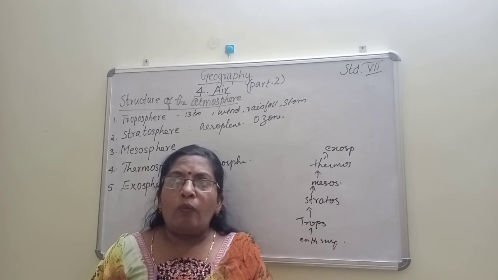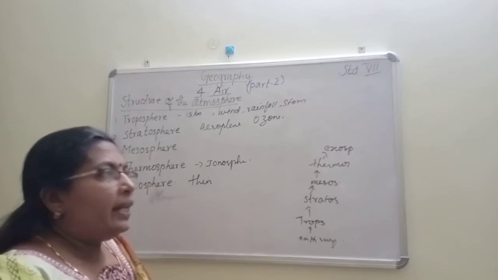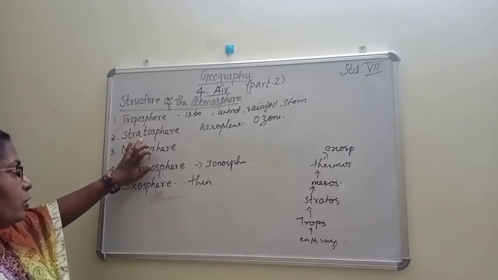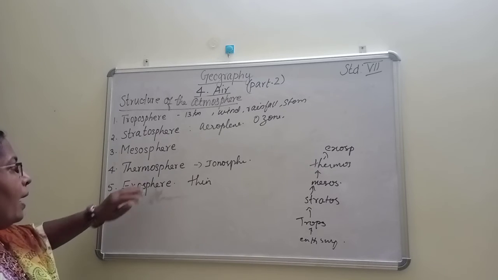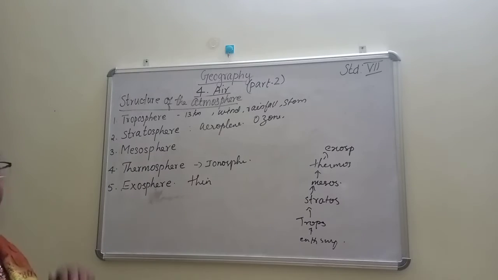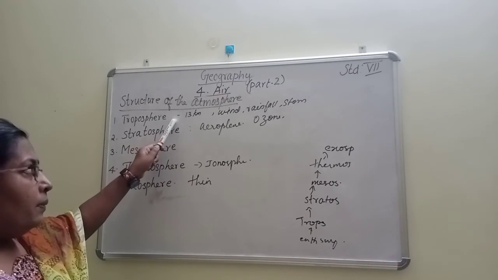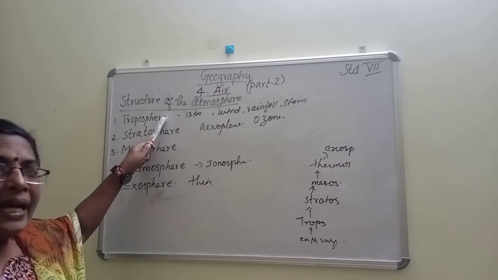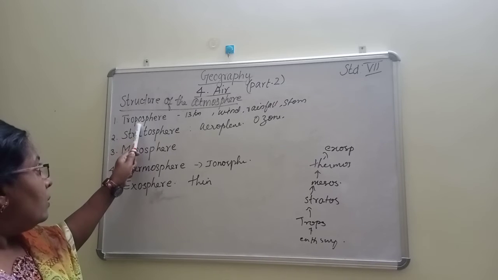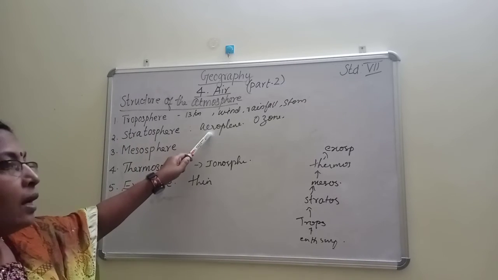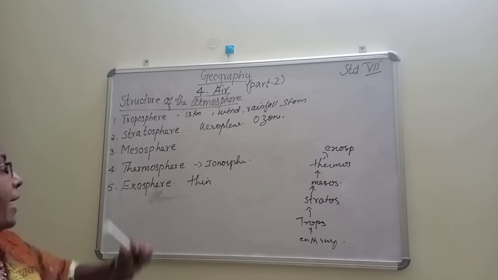Okay. So, what are the 5 layers of the atmosphere? Troposphere, Stratosphere, Mesosphere, Thermosphere and Exosphere. Our breathing gas is present in troposphere. Aeroplanes fly through the stratosphere.